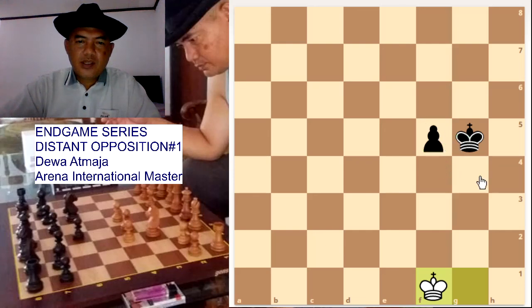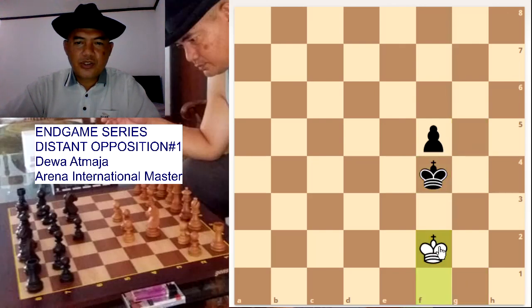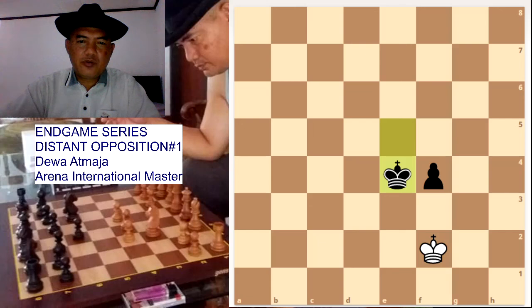So in this position, black has to move to g4 or f4, and whatever black moves, white can get the opposition. For example, black goes here, white has the opposition, and then whatever black does, white will have the opposition, and this position will be a draw, and there is no win for black.